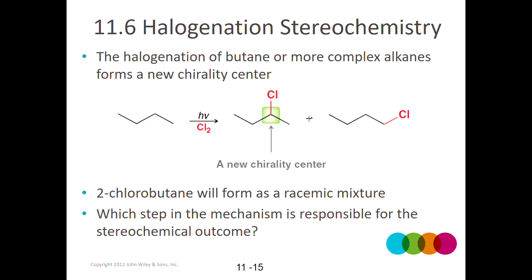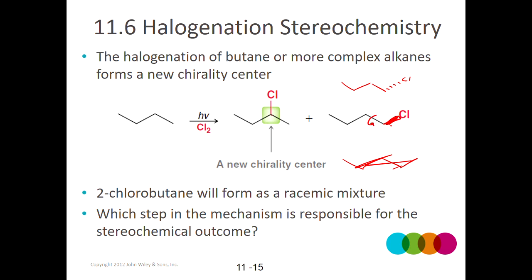All right, so if the chlorine reacts with butane, I get these two regiochemical outcomes. In terms of this product here, obviously if I draw the chlorine with a solid wedge versus with a dashed wedge, there's no difference between those two structures, right? Because this bond here can freely rotate.